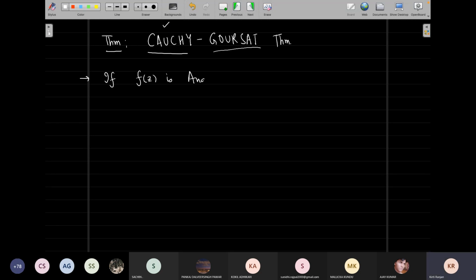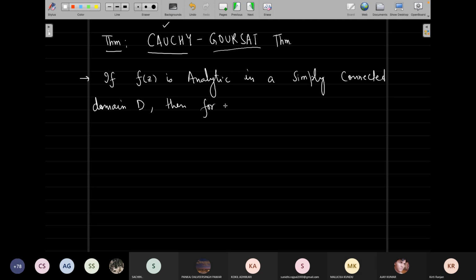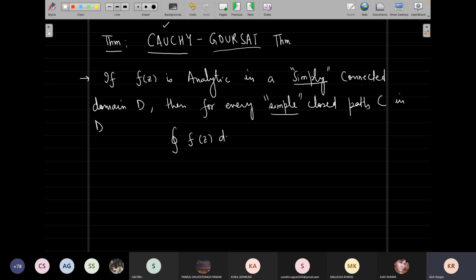So if f(z) is analytic in a simply connected domain, that means no hole, D, then for every simple closed path, remember the simple closed path, C in this domain D, we have the integral of f(z) dz equal to 0.